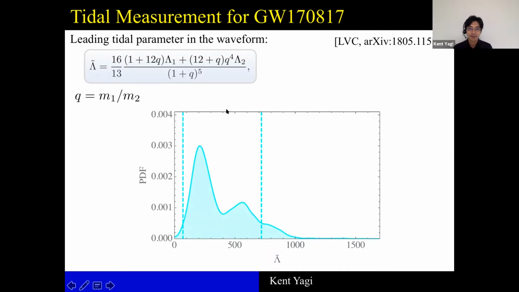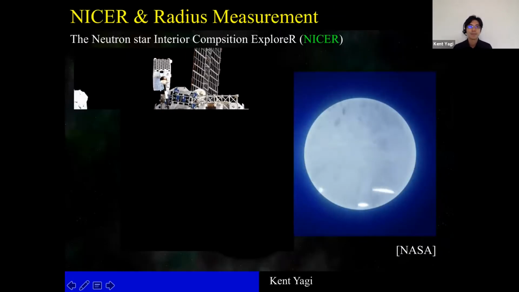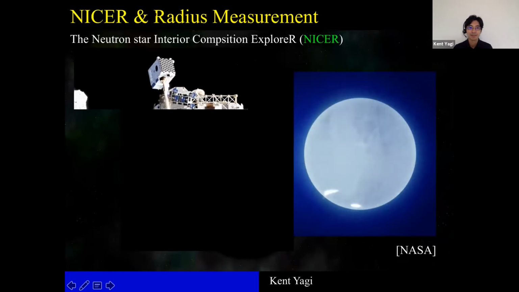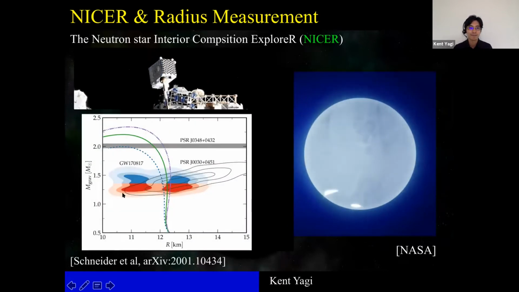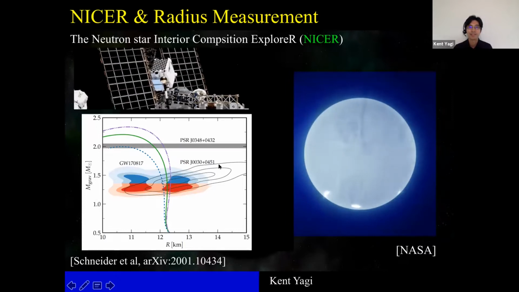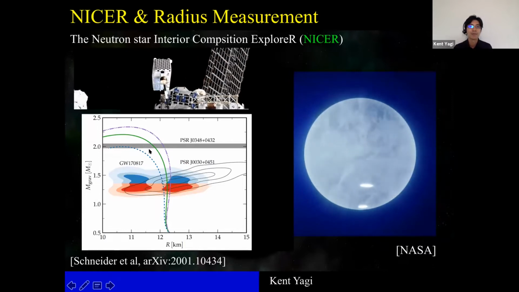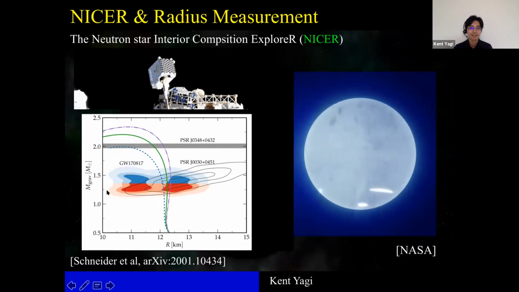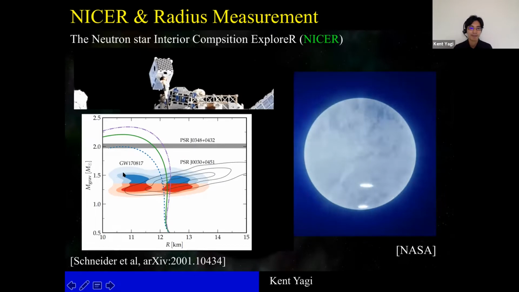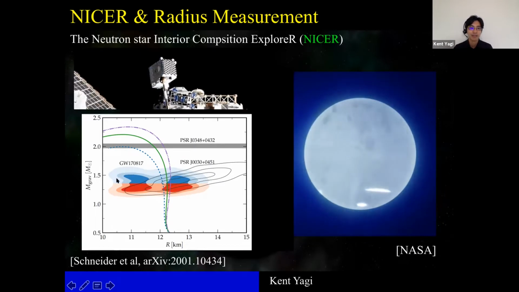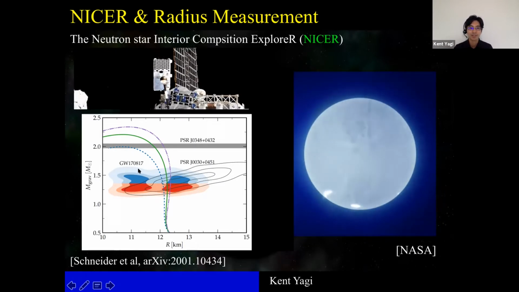On the other hand, NICER has successfully measured the mass and especially the radius of a few pulsars. For example, using the first pulsar that they reported, in the mass-radius plot that I took from this paper, you can compare the NICER mass-radius estimate against the estimate from gravitational waves, since we can convert the tidal deformability measurement to a radius-mass measurement. The red and blue are obtained from gravitational wave observations.